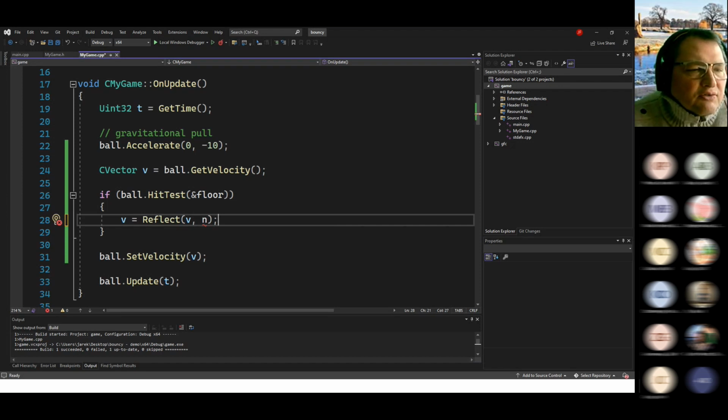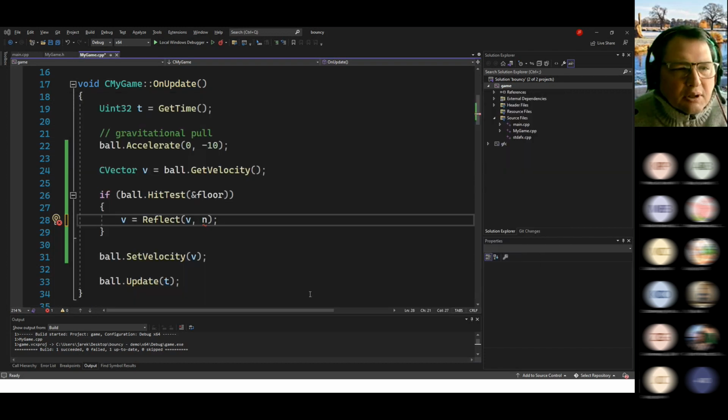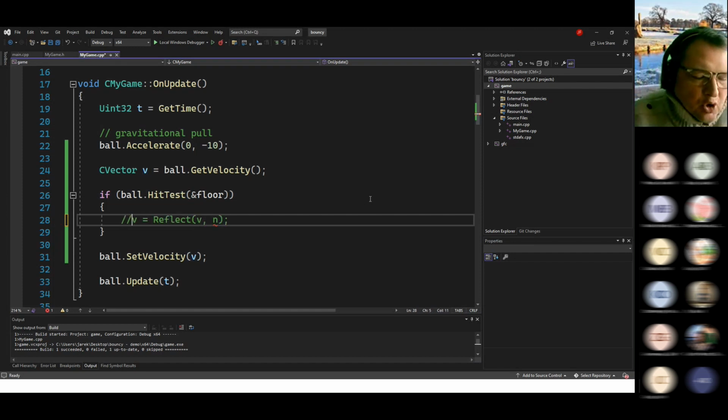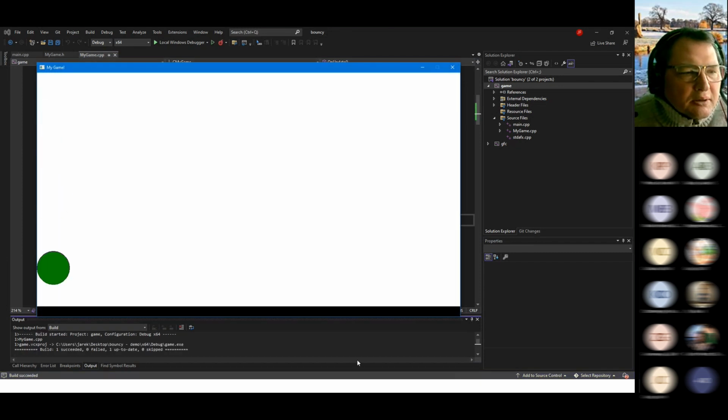V is our velocity vector, and n should be the normal of the wall. And this will calculate the final velocity of the ball. We are missing n. I have to comment out this function just in order to compile.